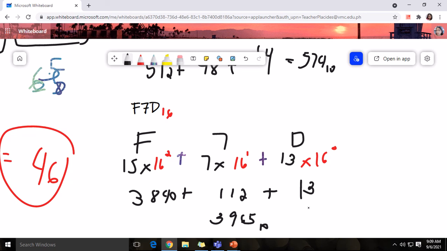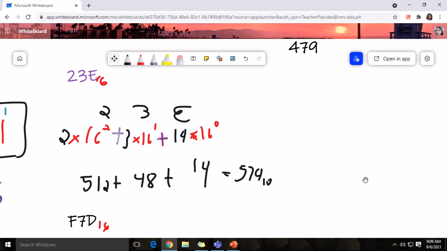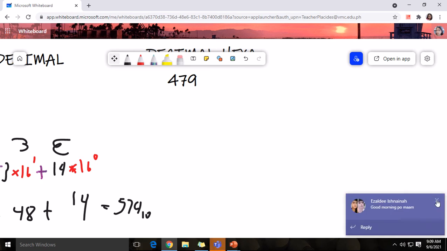So, that's it for hexadecimal going to decimal. How about decimal going to hexa? For example, 479 going to hexa.